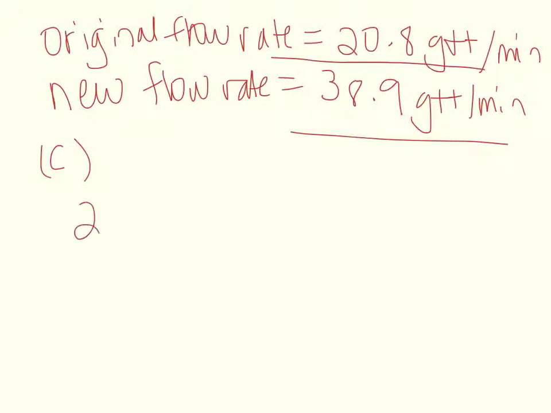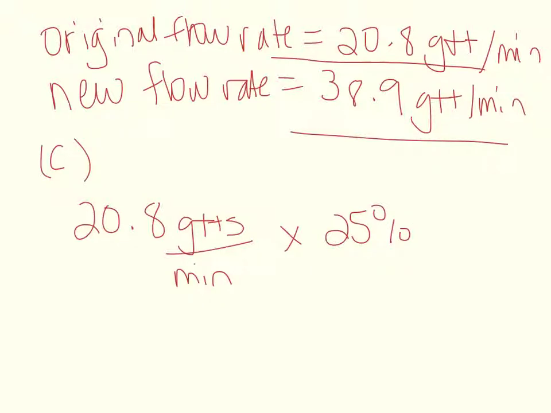So we're going to take that original flow rate, which is 20.8 drops per minute, and we're going to multiply that by that 25%. But we can't just multiply it by 25%. It actually has to go into its decimal. So instead of writing 25%, you would have 25 divided by 100, which would give you 0.25.